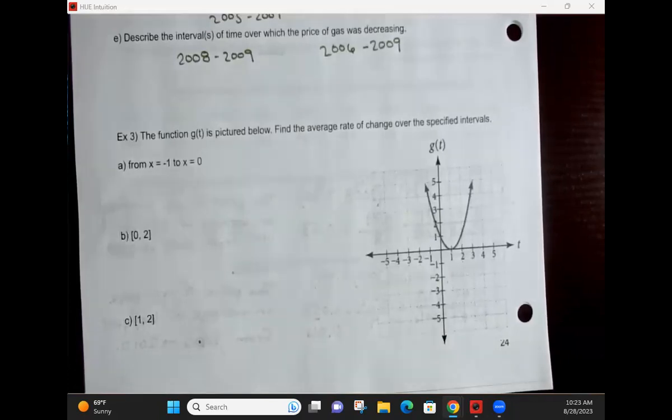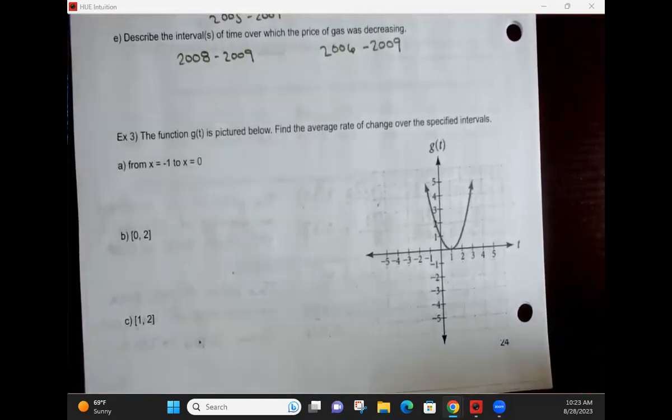So sometimes you'll see x equals to x equals. Sometimes you'll see this interval notation here. There are a couple other options that we'll see, at least one other option, I believe, that we'll see for some interval notation probably tomorrow, probably next time.